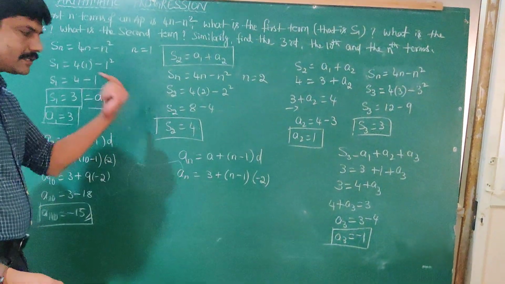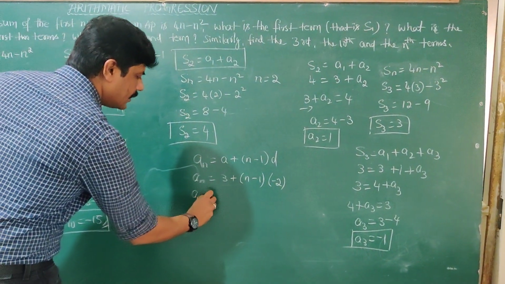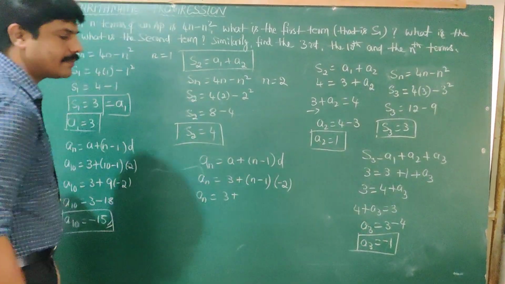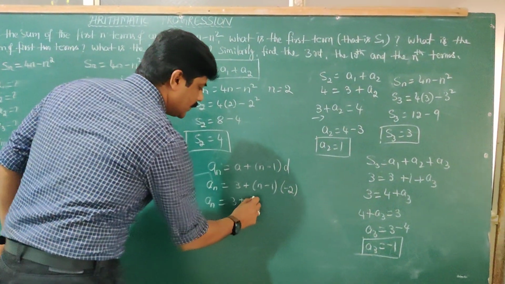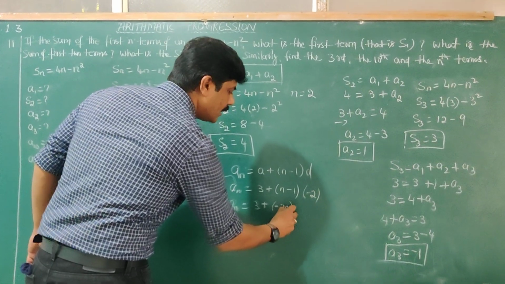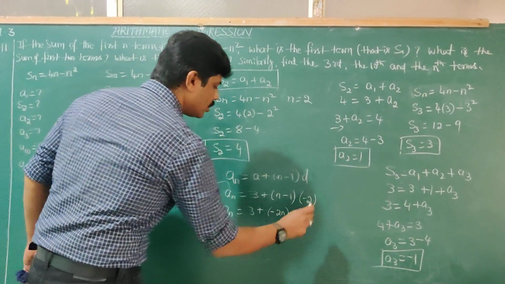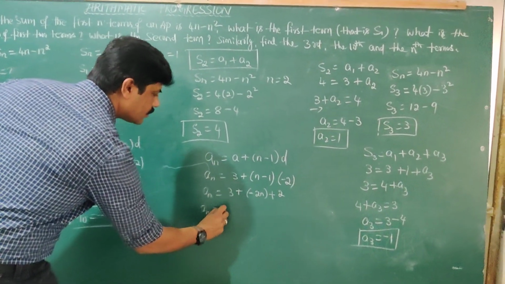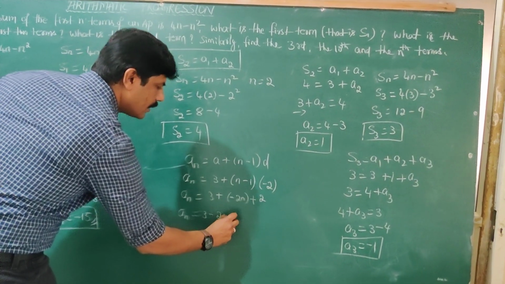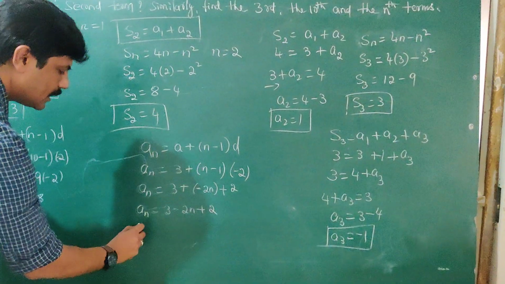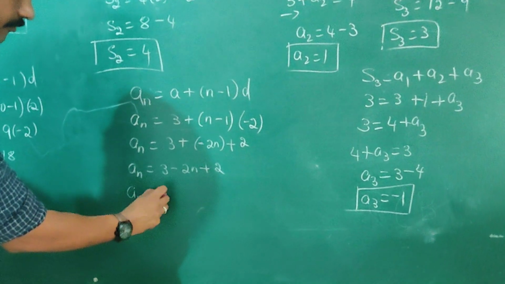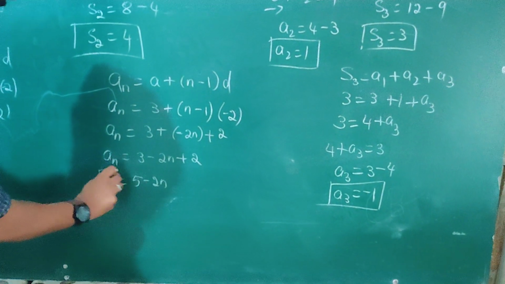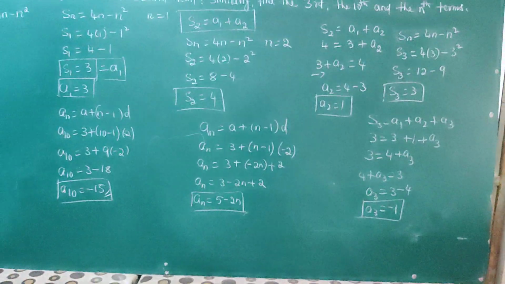We have found common difference earlier. An is equals to 3 plus, multiply this minus 2 with n minus 1 so that it becomes minus 2n plus 2. So An is equals to 3 minus 2n plus 2. That is An is equals to 5 minus 2n.